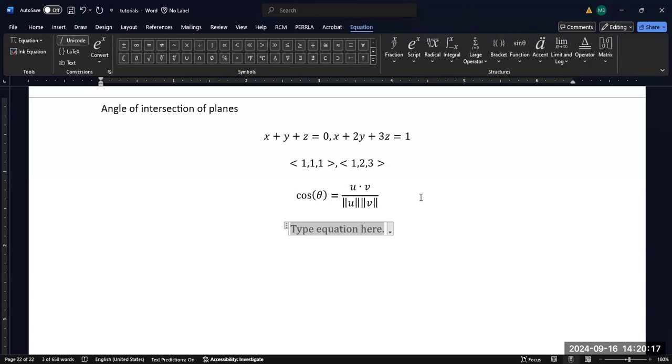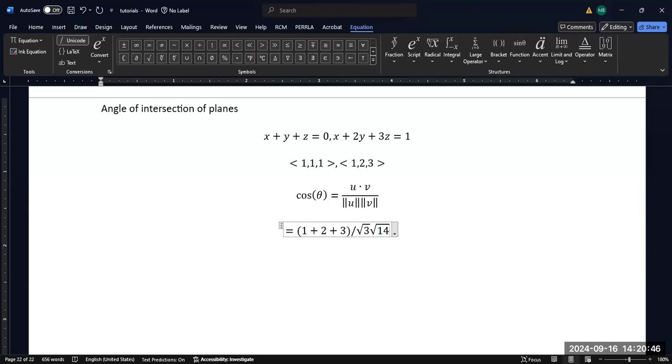So our dot product is going to be 1 plus 2 plus 3. And the magnitude of u is going to be the square root of 3. And the magnitude of v is going to be, let's see, 1 and 4 and 9. 1 and 9 is 10.